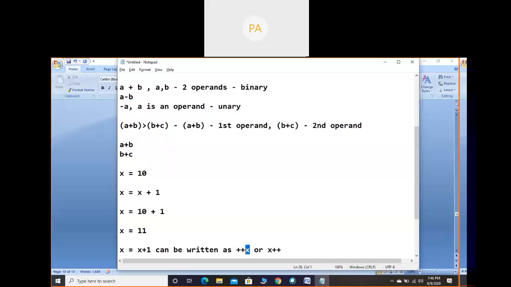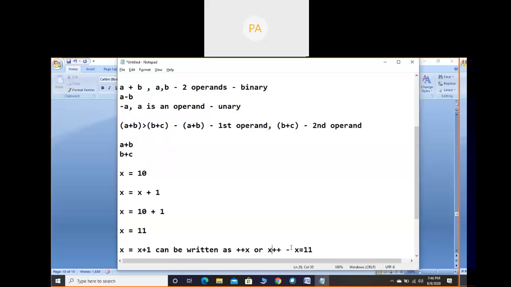That means instead of writing x equal to x plus 1, we can write either plus plus x or x plus plus. So the final result will be x equals to 11. We have taken x equal to 10, and we are writing plus plus x or x plus plus. Before the operator you can write the variable, or after the operator we can write the variable. In whichever way you write, finally that variable will be increased by 1.